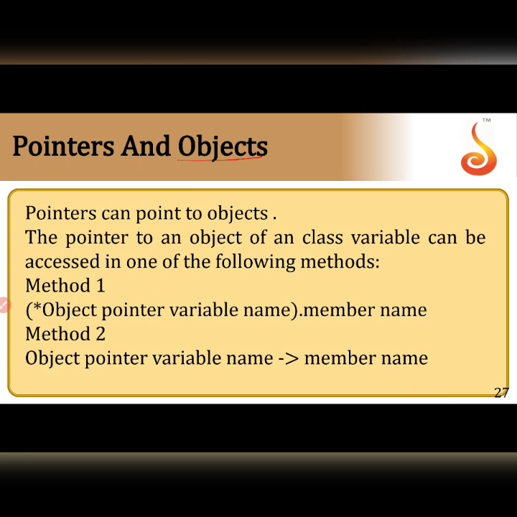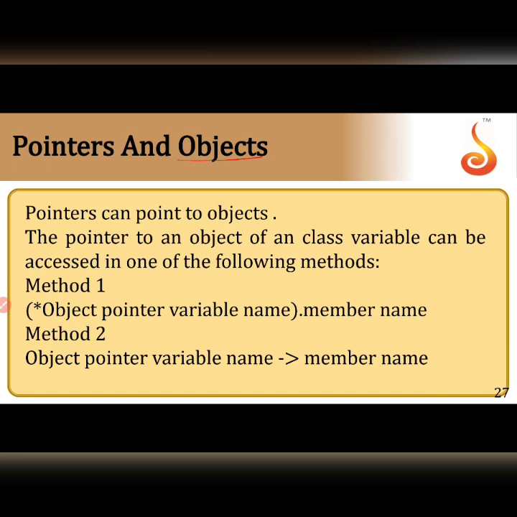So if you want to access the members of a class, you need to create an object. When you create an object, memory would be allocated for the class, and you can have more than one object for a class. And how do I create an object? Class name, space, the object name.